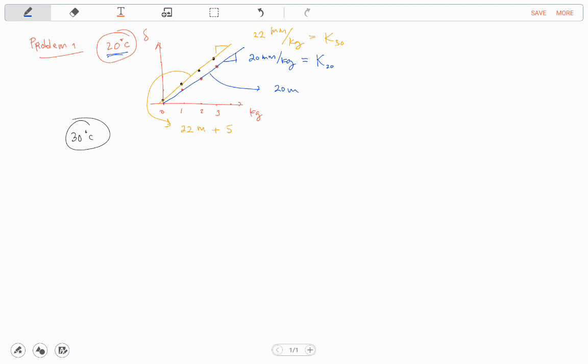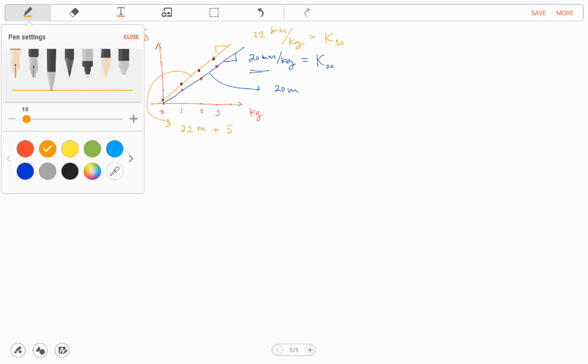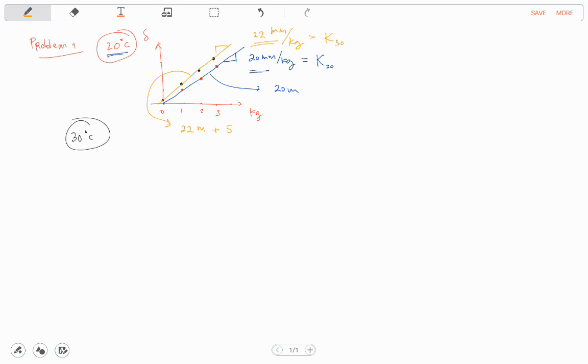Okay, so from here we can define all of the measurement parameters. The sensitivity of the spring in the environment of 20 degrees Celsius is 20 millimeter per kilogram. When the temperature is 30 centigrade, the sensitivity will be 22 millimeter per kilogram.